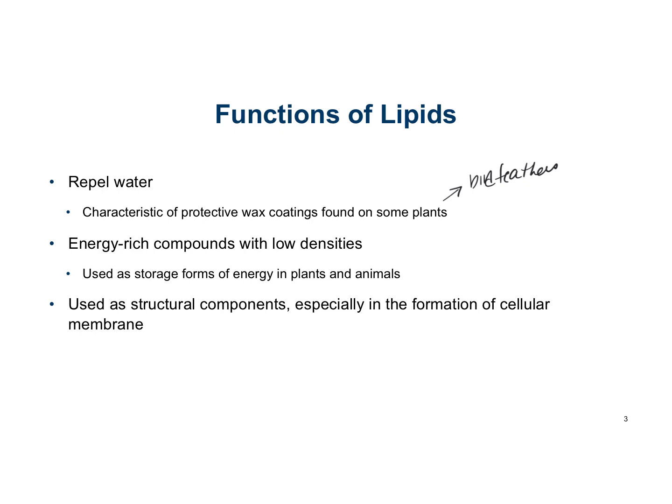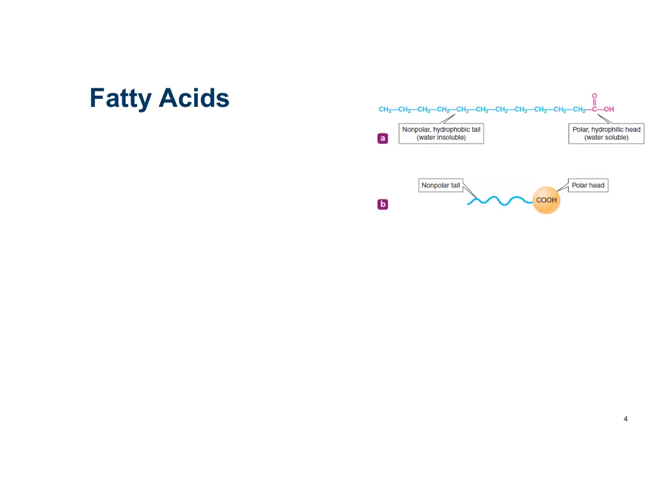Now, at this stage, I want to zoom in and talk about fatty acids. Fatty acids are a component of both saponifiable and non-saponifiable lipids, and so we really want to define that before we go on. So as we talk about fatty acids, these are really the fundamental building blocks of lipids. Right?